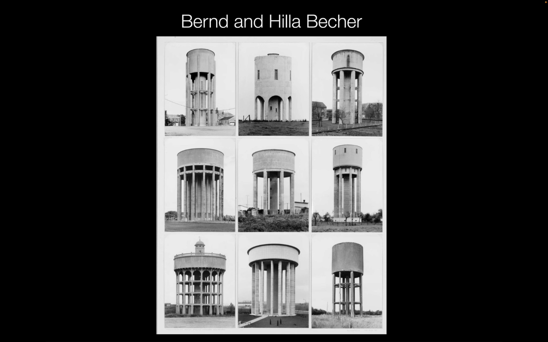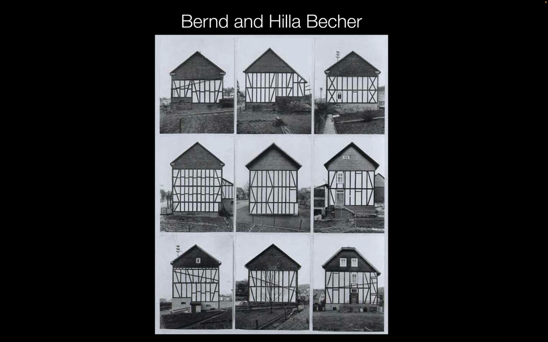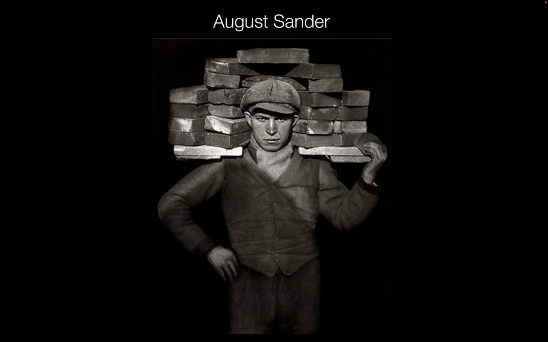So they've also done many other things like gas spheres, or these homes in the countryside, I believe, in Europe. And they follow after another German photographer that sort of did the same thing but didn't intentionally set it up in a grid.